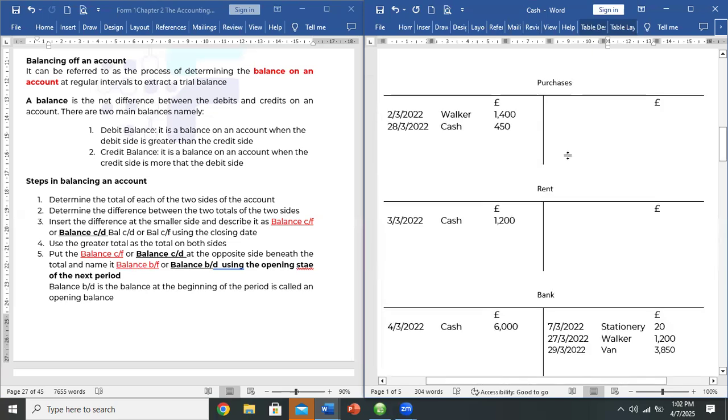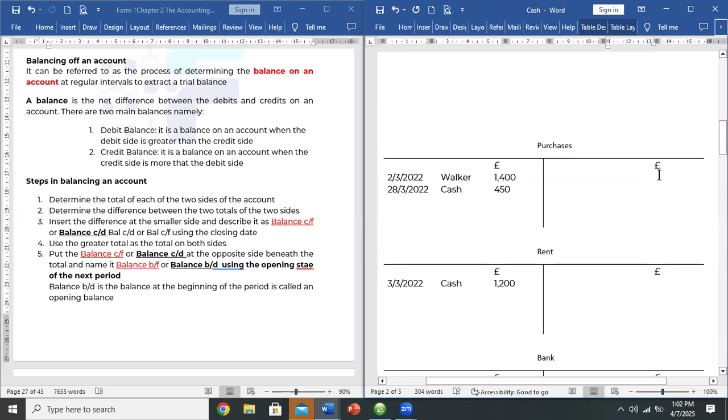Let's do this one, which is purchases. So here will be 1,850. This side is 0. So the difference will be here, 1,850. We'll call it balance carried down using the closing date, which is 31st March 2022.